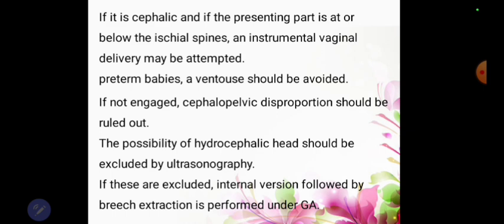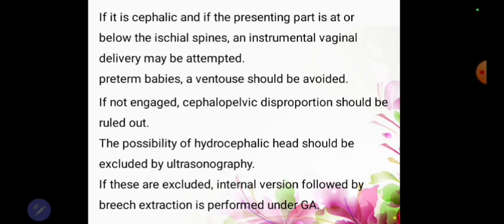The first can be small and delivered, the second will be average weight or sizable, and cephalopelvic disproportion will be considered. The possibility of hydrocephalus of the second twin should be excluded by ultrasonography. If cephalopelvic disproportion and hydrocephalus are excluded, internal version followed by breech extraction is performed under general anesthesia.